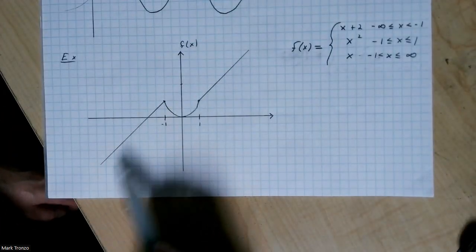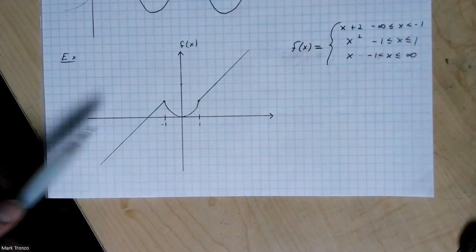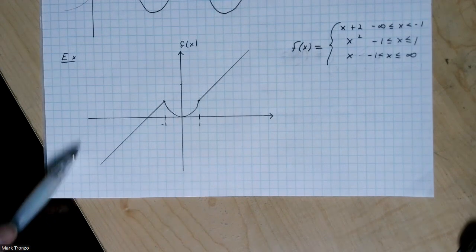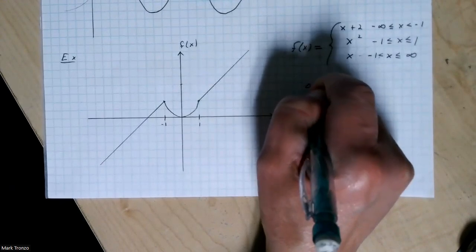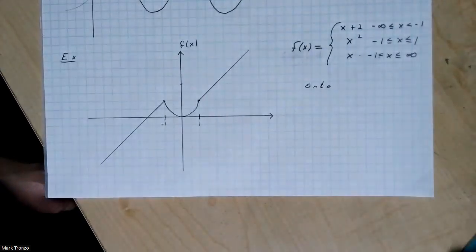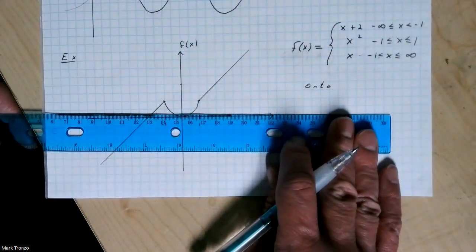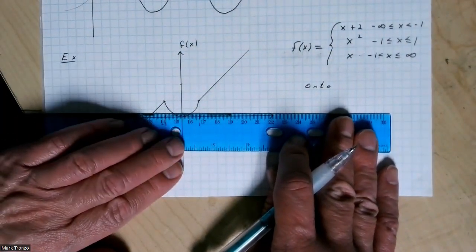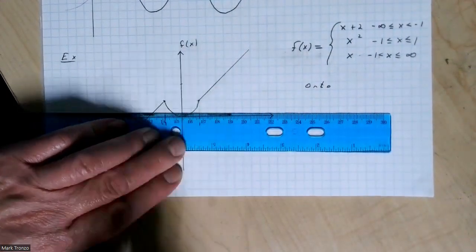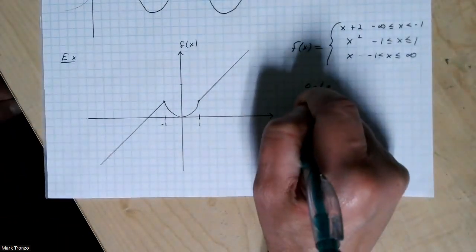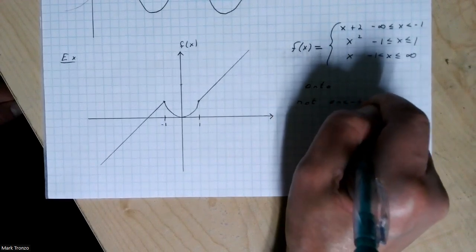So this function, you can see, it looks like it's going to cover all the possible y values from -infinity to infinity. So it looks like this function is onto, but clearly it's not one-to-one, because you can just pick that right there. You can see the curve cross our horizontal line in two places. So this is not one-to-one.